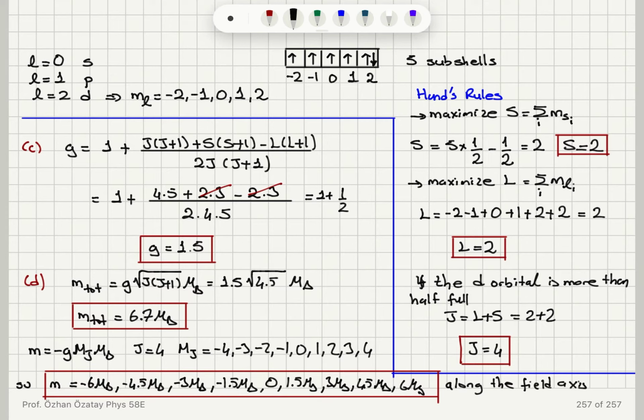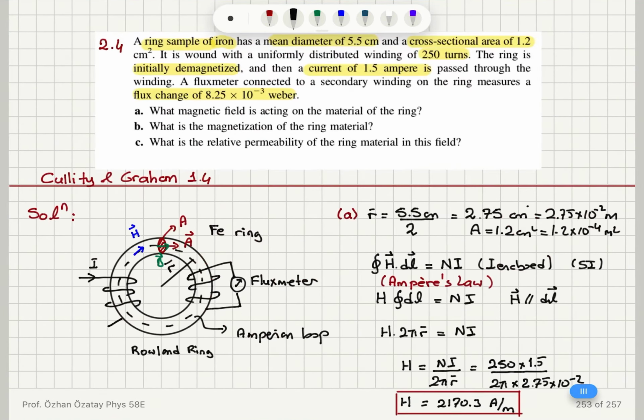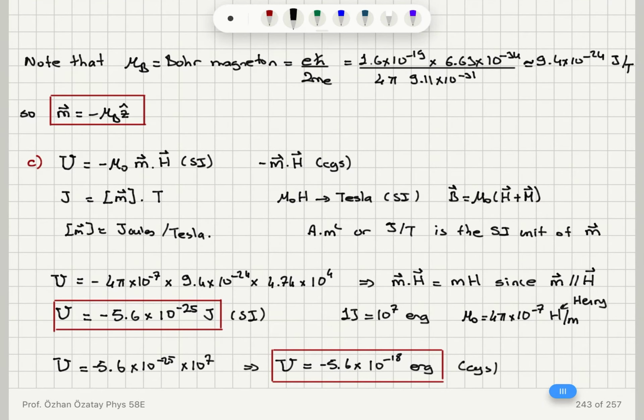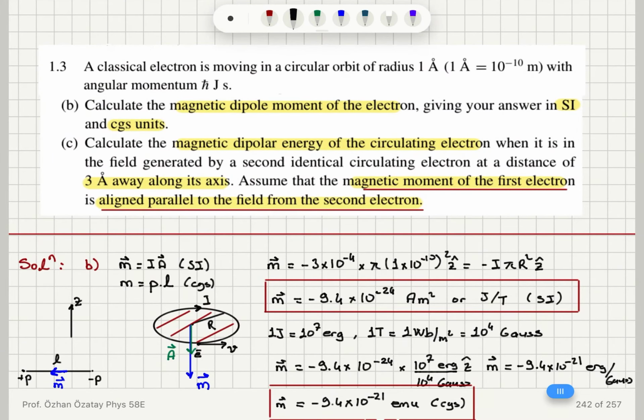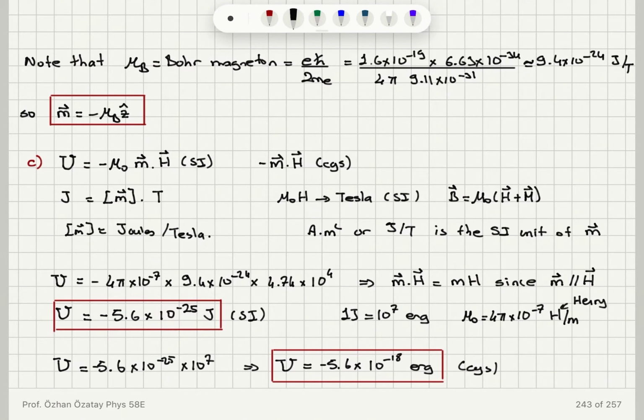Okay, so we want to compare this to exercise 1.3b. So let's go back to exercise 1.3b. We found that for a classical electron moving in a circular orbit of radius 1 angstrom with angular momentum h bar joule seconds, the magnetic dipole moment of the electron was basically equal to a Bohr magneton.